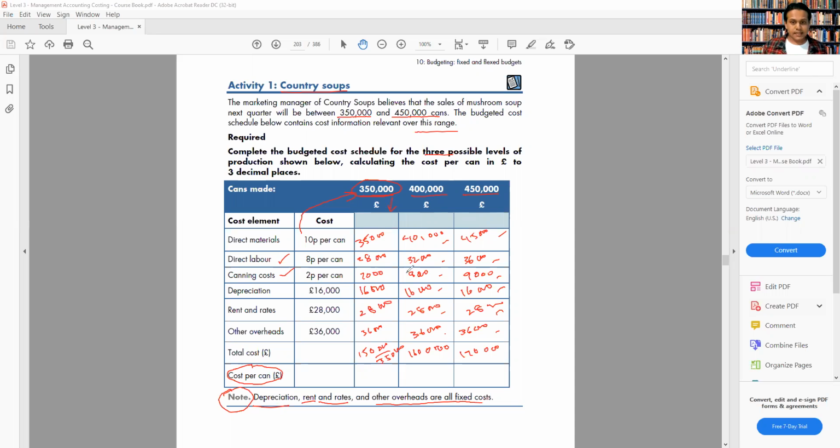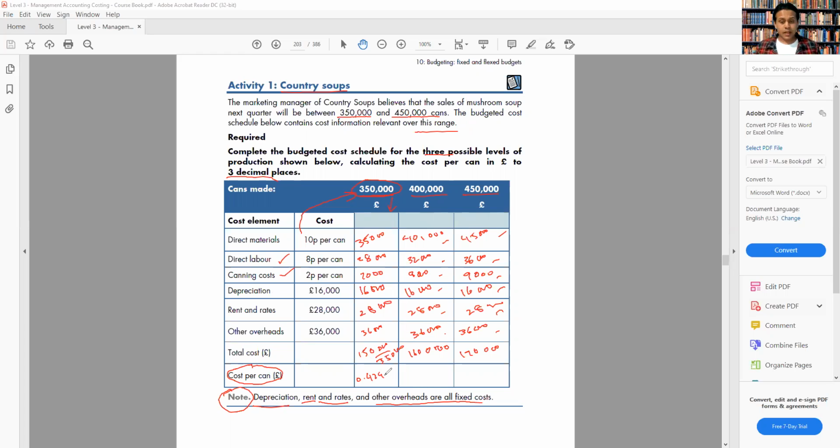The question said take 3 decimal places. So we take 0.429. Very well done.